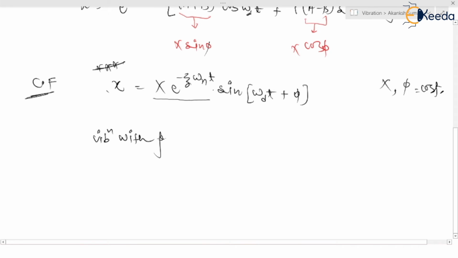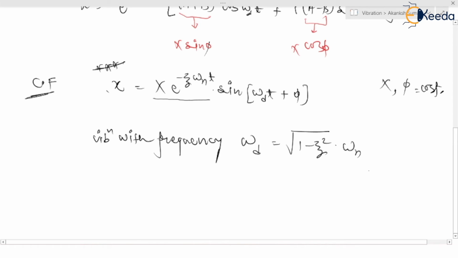You can see here, the frequency is represented as omega d, which is under root of 1 minus zeta square multiplied by omega n.